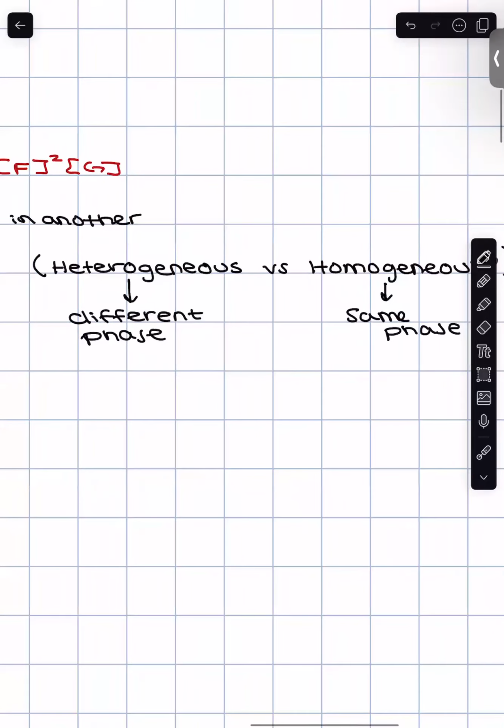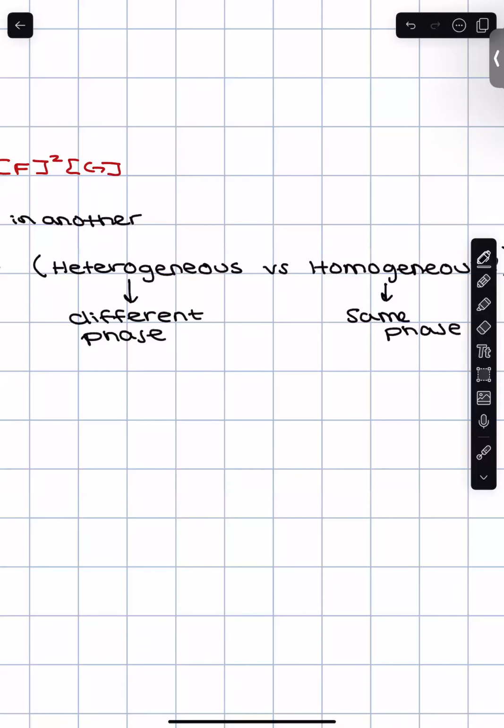An example here: if you have two gaseous components producing C, and the catalyst that you're going to add is solid iron, that is a heterogeneous catalyst because it is a solid while these are gas.